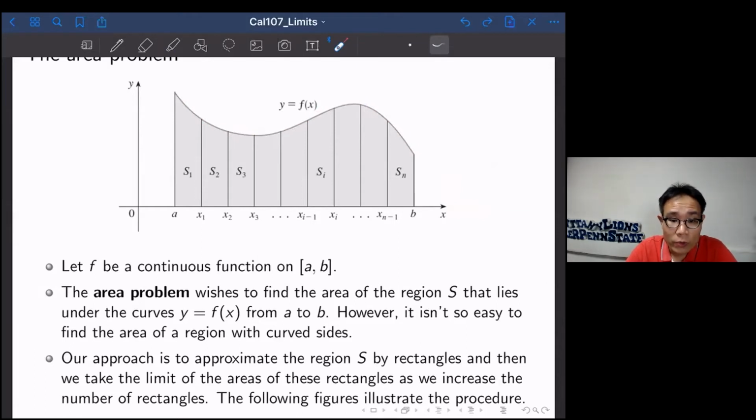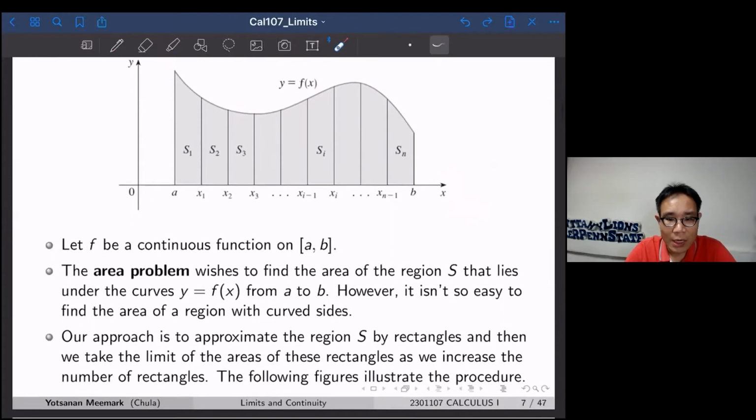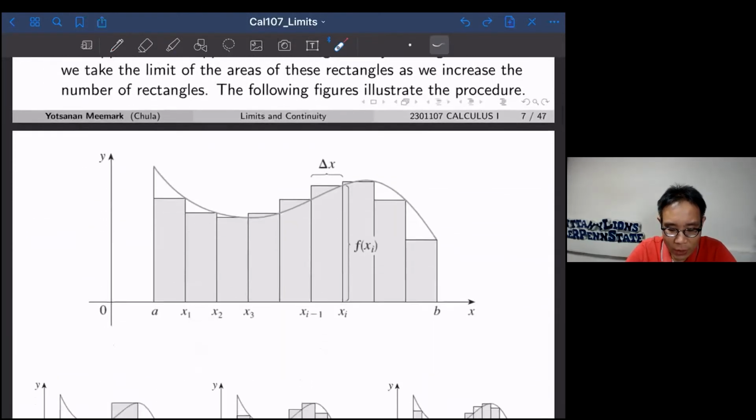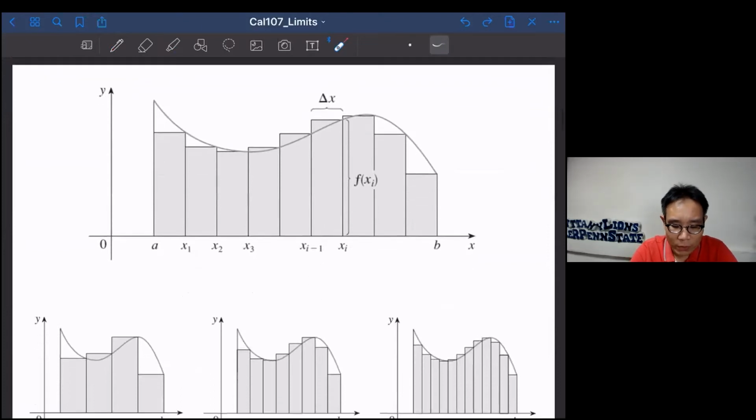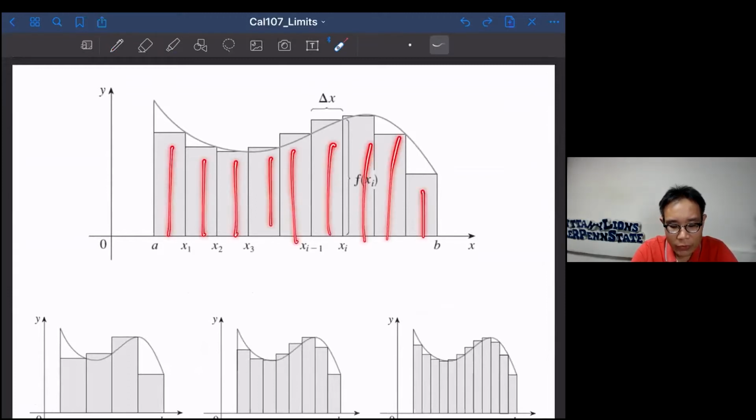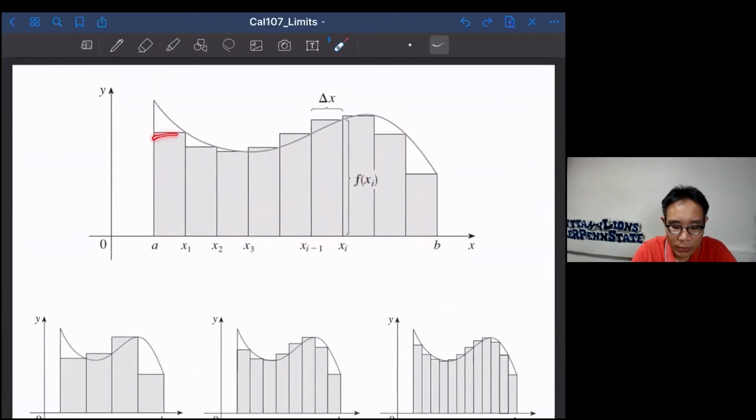The approach that calculus uses can be illustrated in the next figure. So you'll be able to subdivide the interval [a, b] into as many pieces as you wish. And you'll be able to compute the area of each rectangle from your high school method.